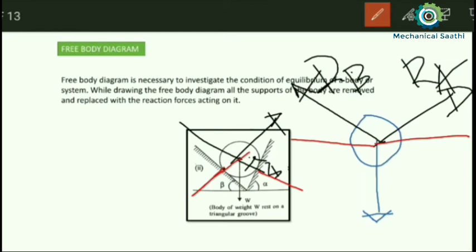So now this angle is 90 minus beta, because this is perpendicular. So this angle will also be equal to 90 minus beta, and again this angle will also be 90 minus beta. So I can show this will be equal to beta.